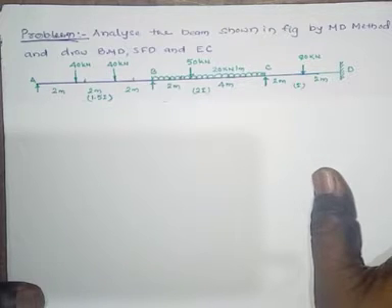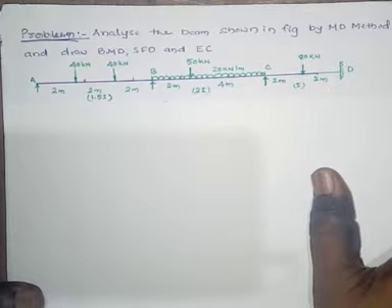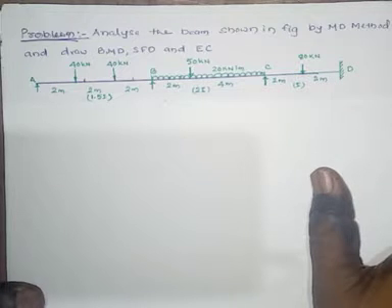Analyze the beam shown in figure by using the moment distribution method and draw the bending moment diagram, shear force diagram and elastic curve. Here A to B, the moment of inertia is 1.5 I and it is subjected to 2 point loads of 40 kilonewton each at 2 meter distances from A and B respectively.